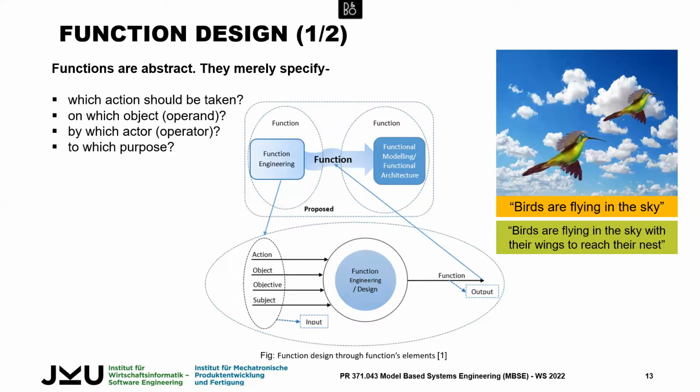And you see, for what they are, the functions are also supposed to have an objective. So we are not designing the function without any purpose. It's supposed to describe a purpose. So what's the purpose? To reach their nest or to reach their home.